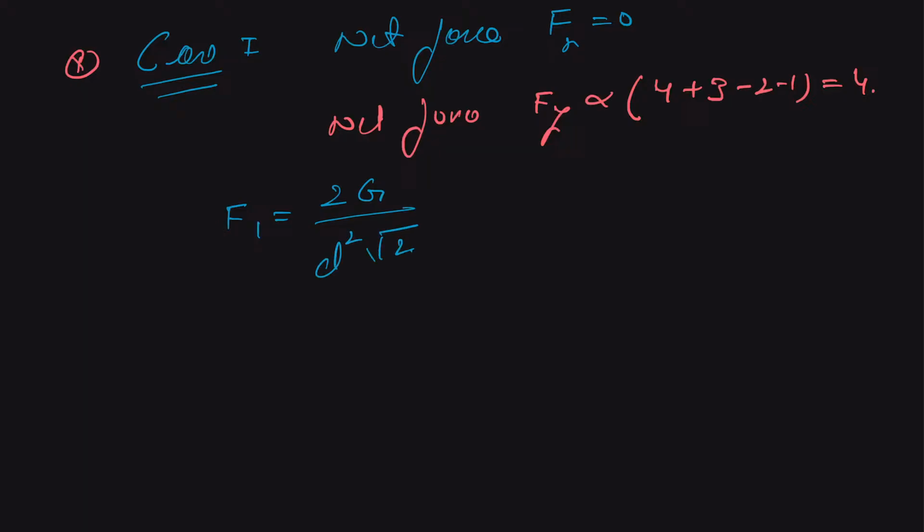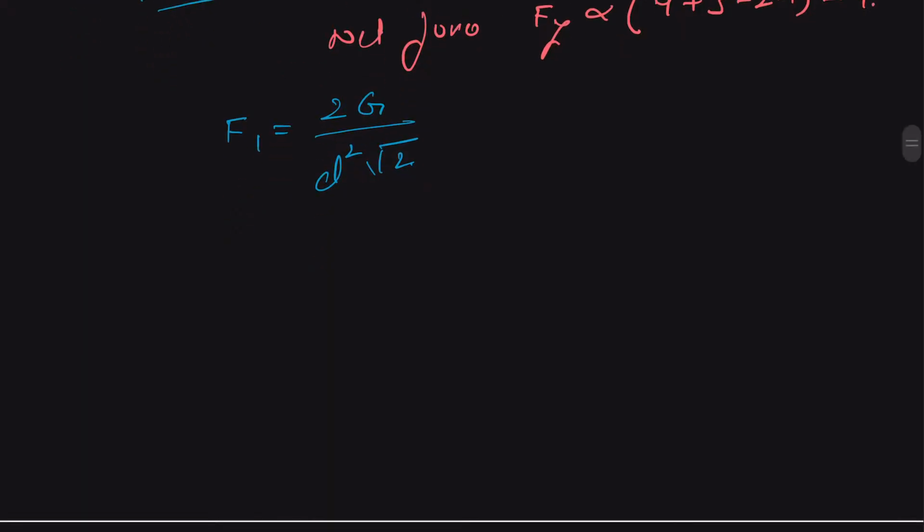Now it is given that 4 kg and 3 kg are interchanged. So we have our case 2. We are given that 4 kg and 3 kg are interchanged.